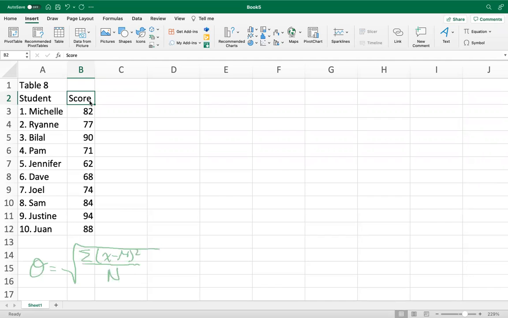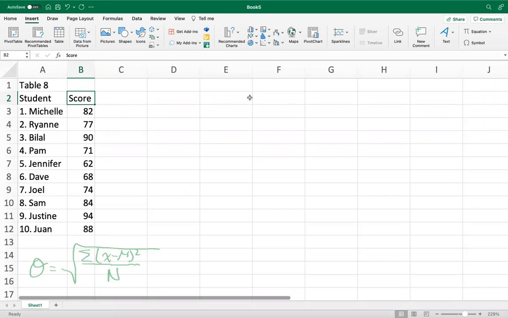So now looking at this, we know what x is. x is all of these values right here. We know what n is, and in this case it is 10 because there are 10 different numbers here. We know what that squared represents. So the first thing we have to find is this mean here.